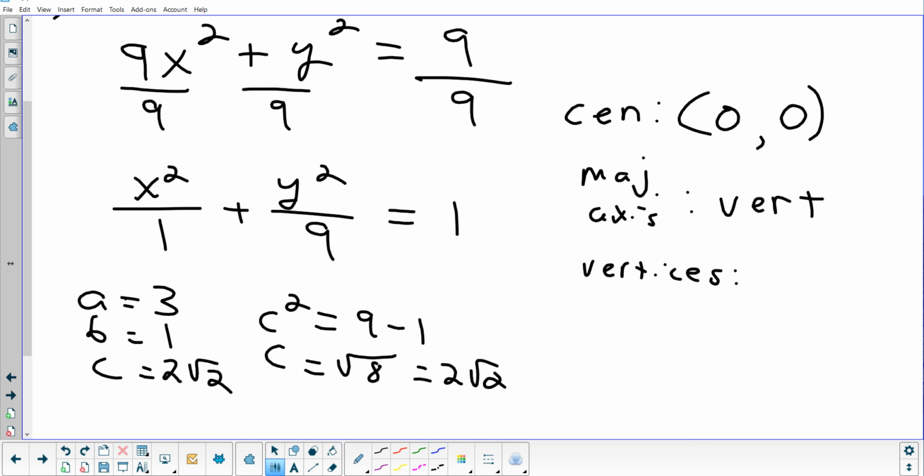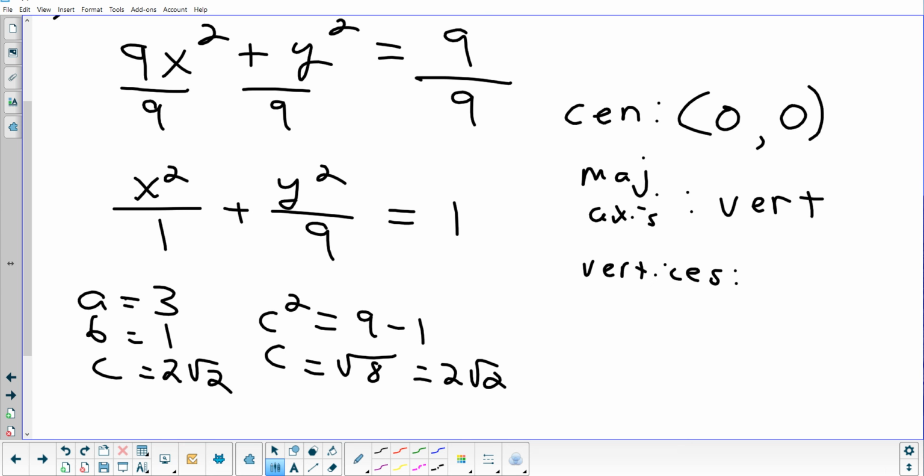Okay. So how far away are my vertices from my center? Yeah. 3 units.